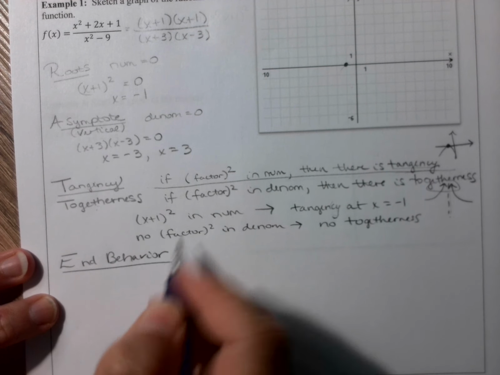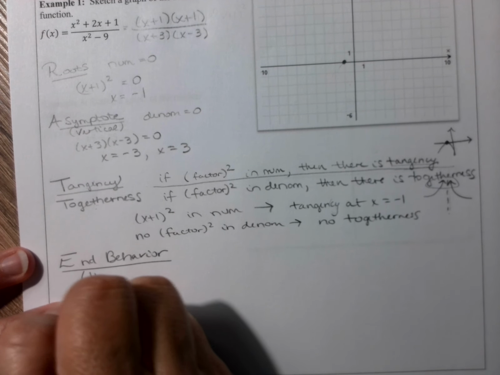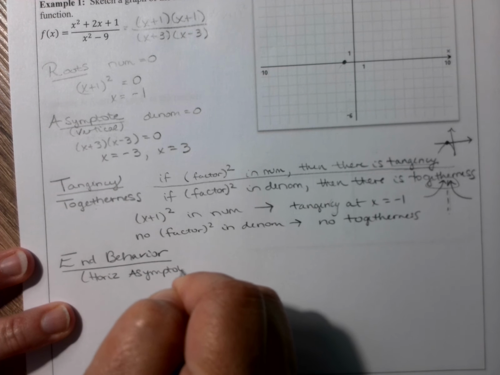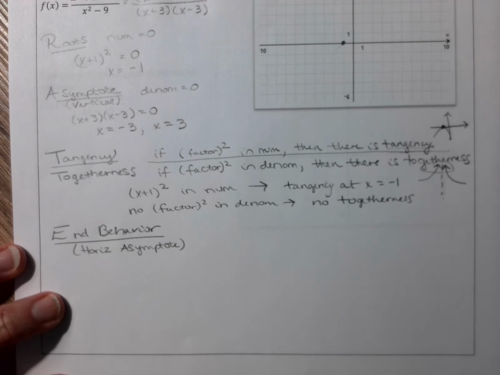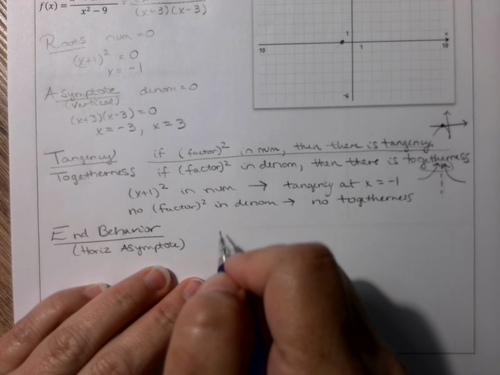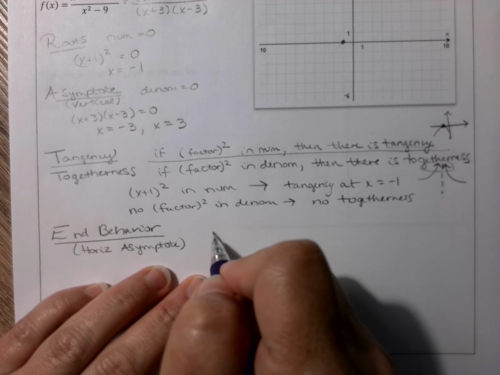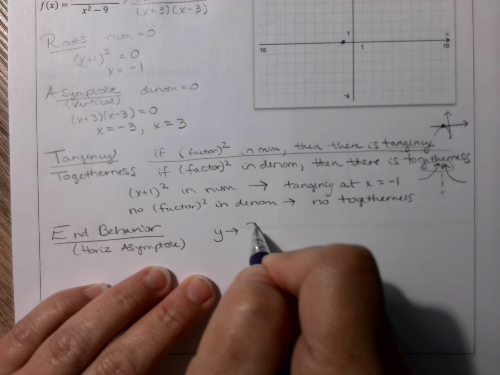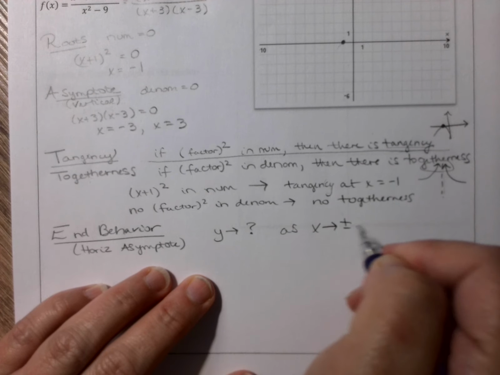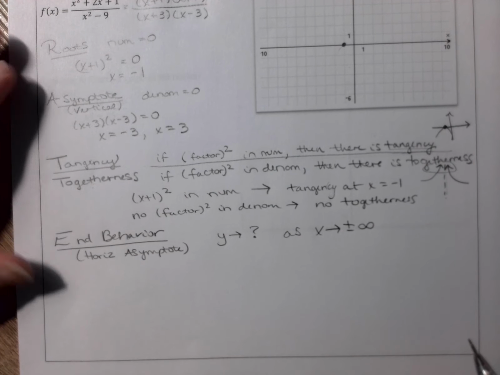And hopefully we remember from the previous video that this is referring to the horizontal asymptote. Now, end behavior: remember that we want to know the y values approach what number as x approaches positive and negative infinity.